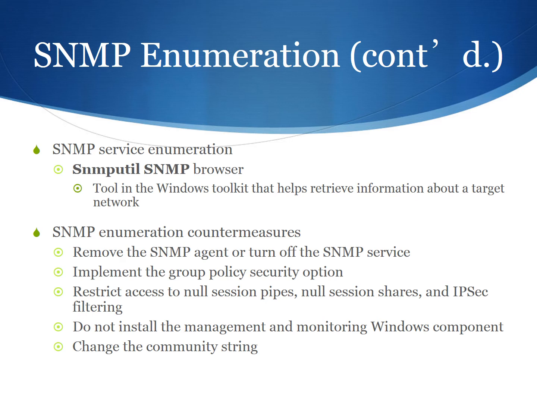SNMP enumeration countermeasures include the following: remove the SNMP agent or turn off the SNMP service, implement the group policy security option, restrict access to null session pipes, null session shares, and IPsec filtering, and do not install the management and monitoring Windows component. Or you can simply change the default community string to something that is unique.